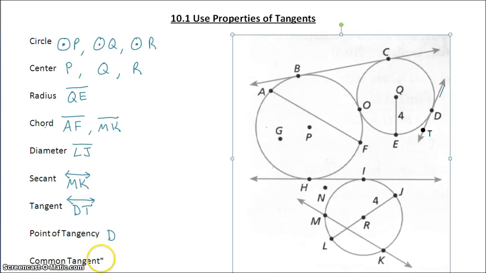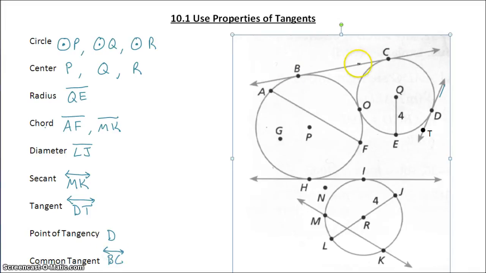Common tangent. A common tangent is a specific tangent line. It's a tangent line that is tangent to 2 circles. So if we look, we have circle P and circle Q, and line BC is tangent to both P and Q. So a common tangent would be BC.